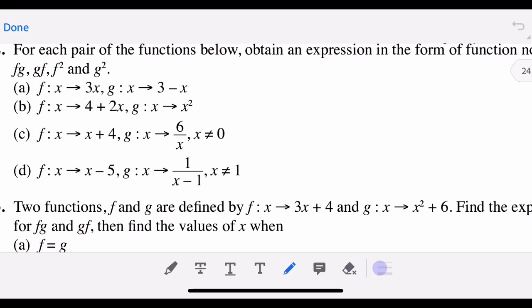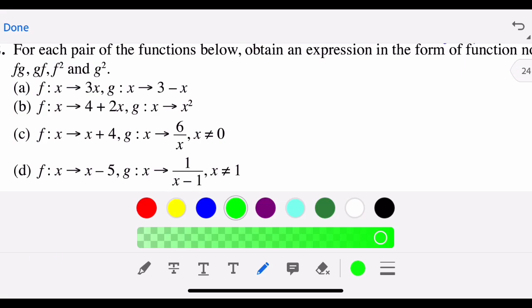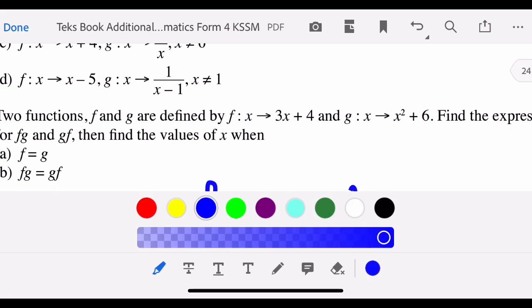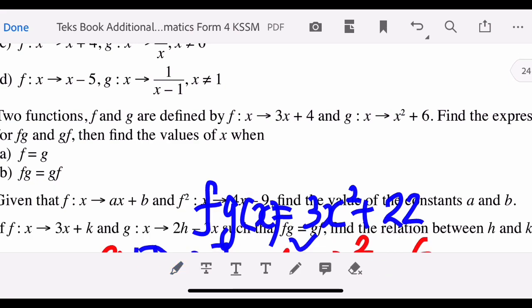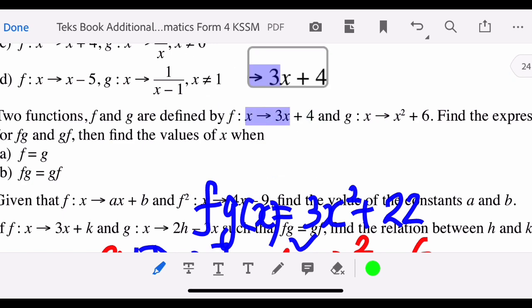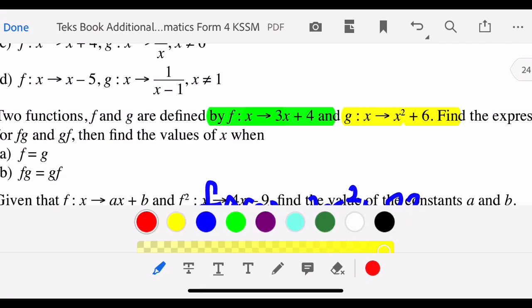Let's highlight first. This is the f. Sorry, where is my highlighter? Okay, my highlighter is here. I'm going to highlight the function f, and I'm going to highlight the function g, and we write the equation before we solve.